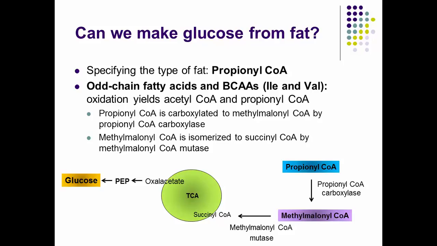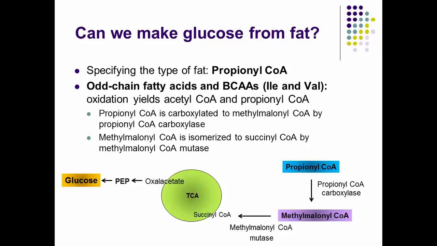And this type of molecule can be utilized for gluconeogenesis, right? So this is the metabolic pathway for gluconeogenesis from propionyl-CoA.